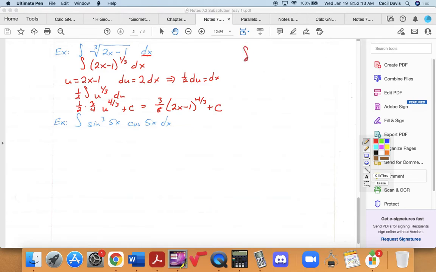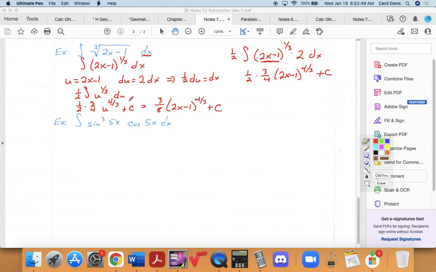What you would need to do is rewrite this as 2x minus 1 to the 1/3 times what? What do we want out here? We want 2. So we'd have to multiply by 1/2. We just carry along the 1/2 and undo the chain rule. And you have the same answer. And you can see it's a little bit faster.